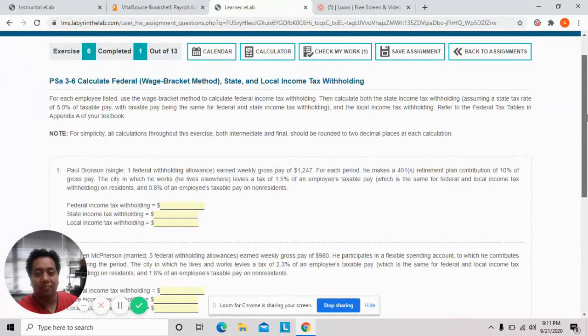And here, you'd have to calculate the state income tax withholding, 5% of taxable pay here. So you'd use the federal tax in Appendix A, as I mentioned.